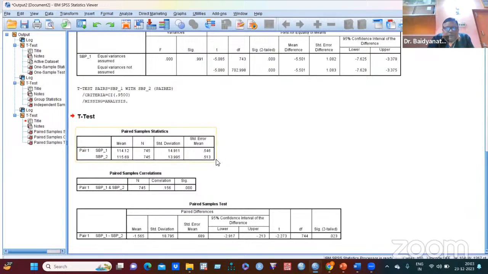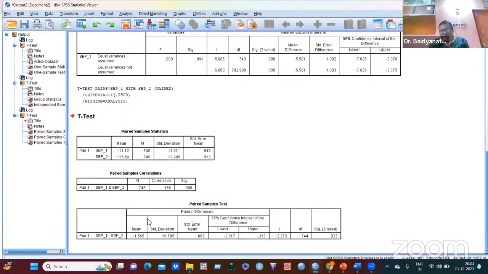So the correlation between these variables is this one, and this is also significant. Now here we check the mean difference, that is minus 1.58. That is this minus this equal to this one, and standard deviation this one, and t value is here, minus 2 point something. So here the degree of freedom is 744 and the significance level is 0.023.